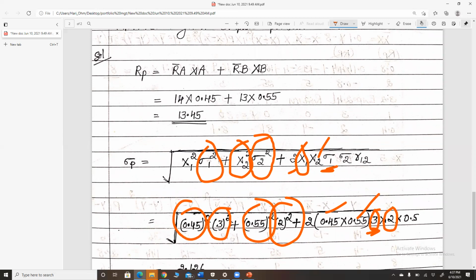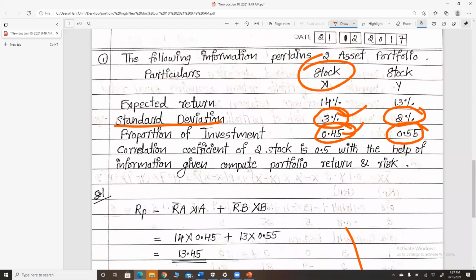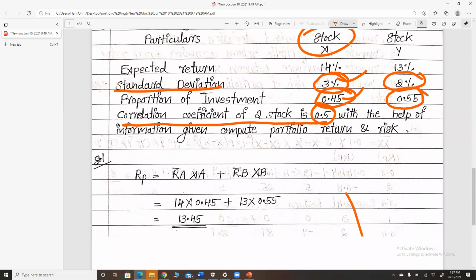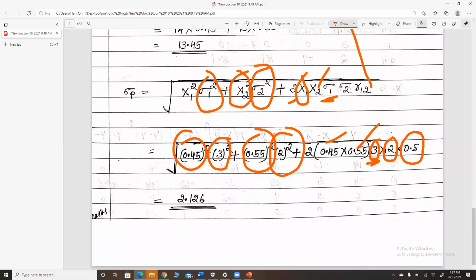Then correlation coefficient, that is 0.5. See here, correlation coefficient of the two stocks is 0.5. Okay, clear here? So 0.45 is the x1 square. Then standard deviation 1 square, that is 3 square, plus x2 square, that is 0.55 square.